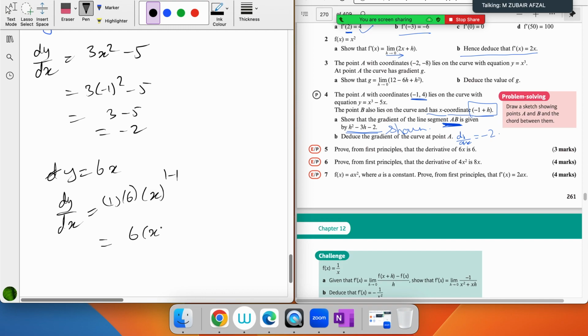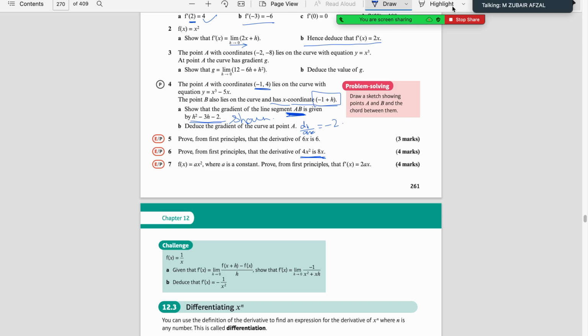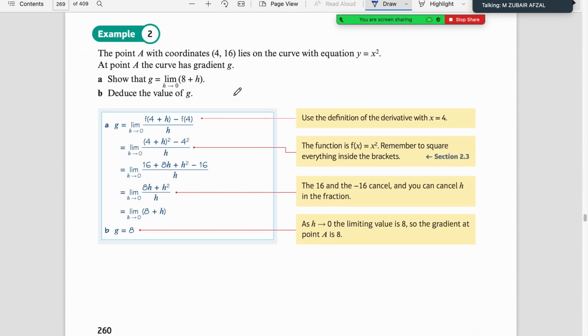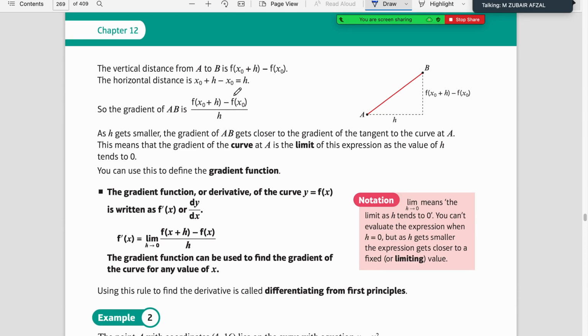So this is 6 x raised to power 0, which is 6. I think there must be something more as well. Why is he asking for proofs? Let me have a quick look if I skipped something, because in GCE there are no proofs.